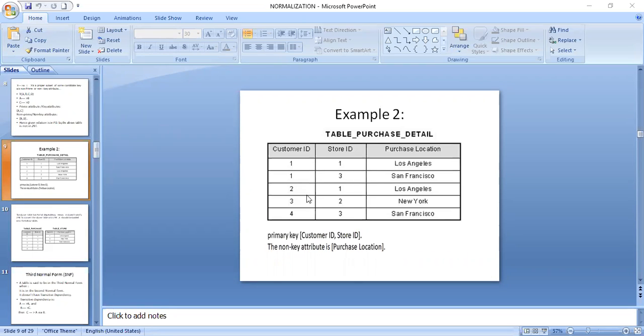Now we should see that. From this, we identify that the primary keys are customer ID and store ID. So X determines A, where the non-key attribute is purchase location. So this particular table is not in 2NF because it satisfies the partial dependency condition.